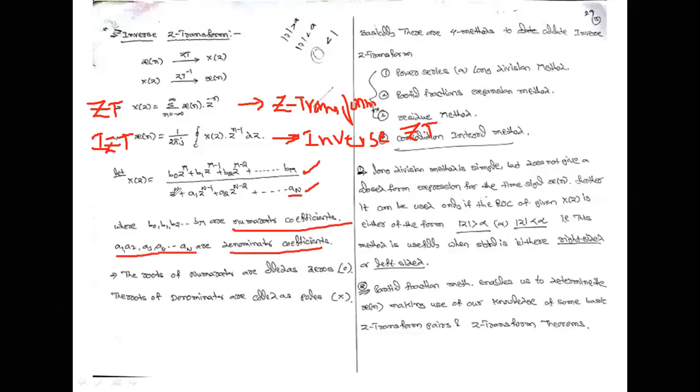There is no a0. Remember that, my students. The roots of the numerator are called zeros. The roots of the denominator are called poles. Zeros are represented in the plane like this, a circle, and poles we can represent as a cross mark. Got it?